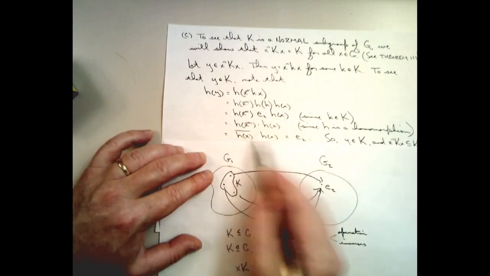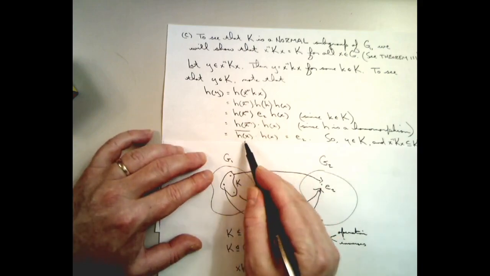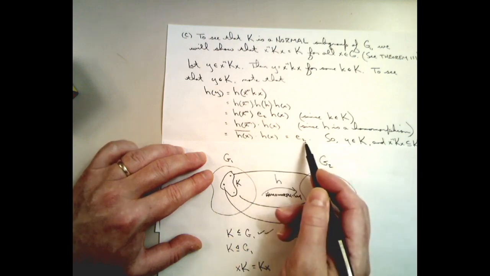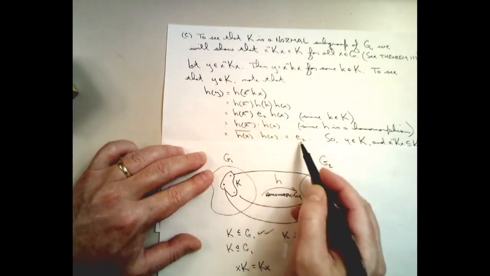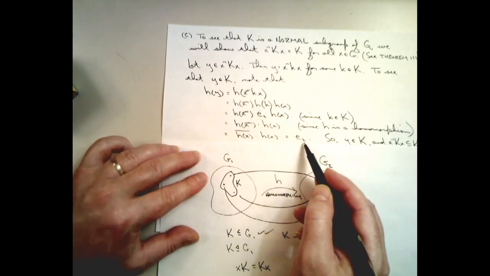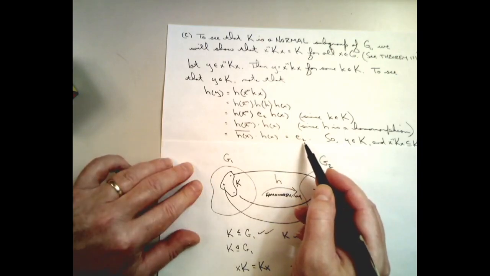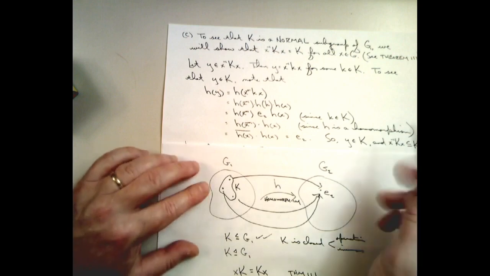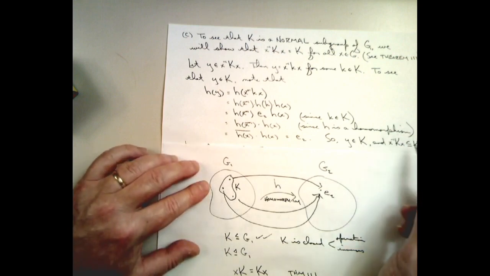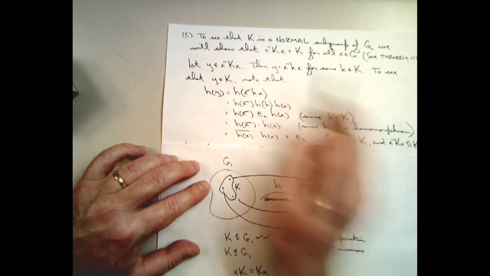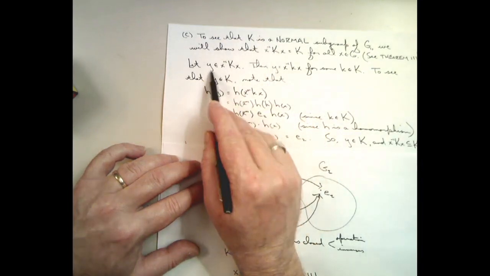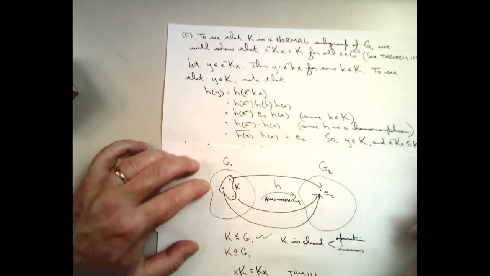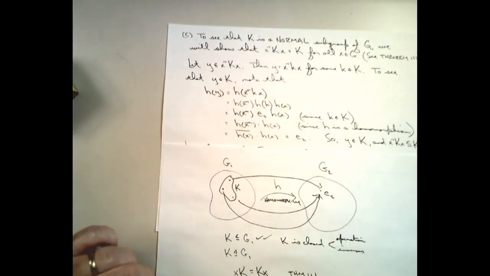And so whenever I multiply an element by its inverse in G2, I'm going to get the identity element. So sure enough, I do have y being mapped to E2, so y is in our vanishing set. y vanishes under h, so y is in K. And so that's what we've shown, containment: if I pick y out of the left side, it's also in the right, and so the left side is contained in the right side.